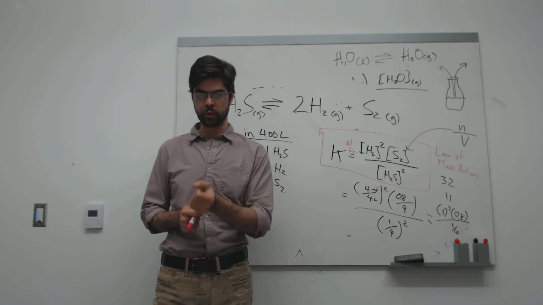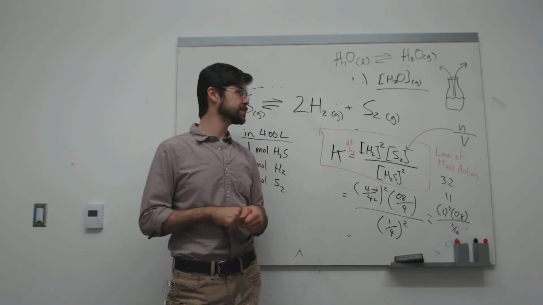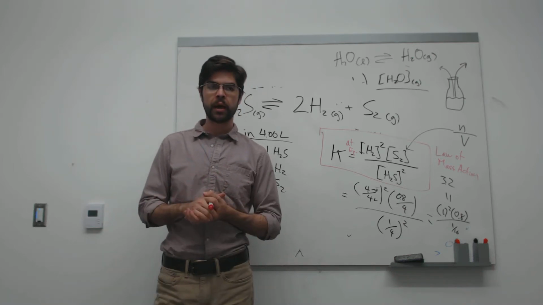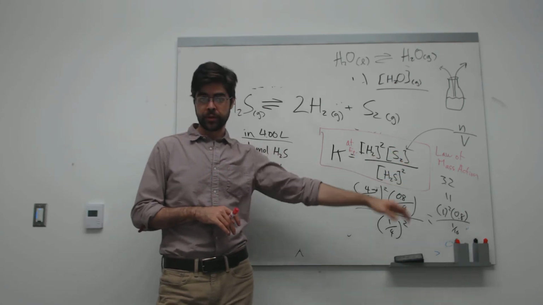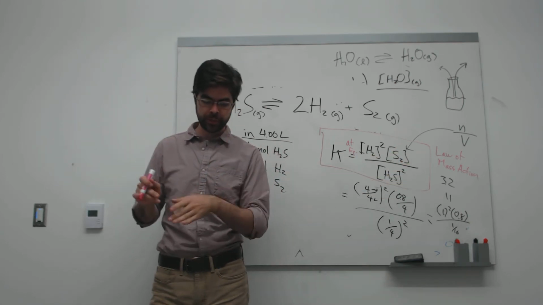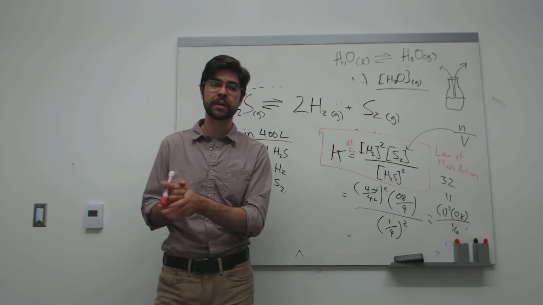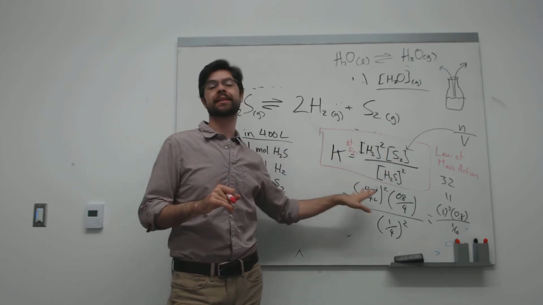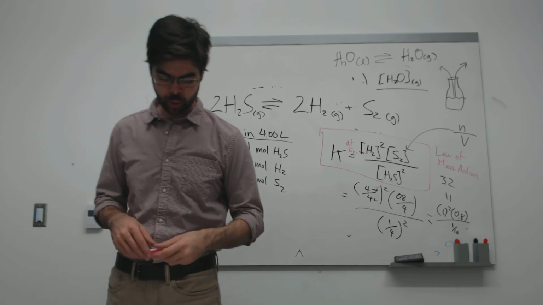It's a number that is different for every reaction, but at the end of the day, it's just a number. The law of mass action is an equation. So K equilibrium is just a number. The law of mass action is a collection of quantities that are all related to each other in an equation.